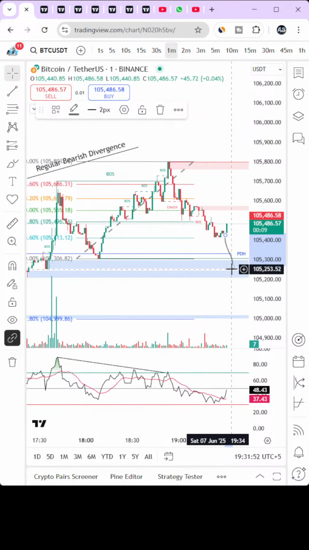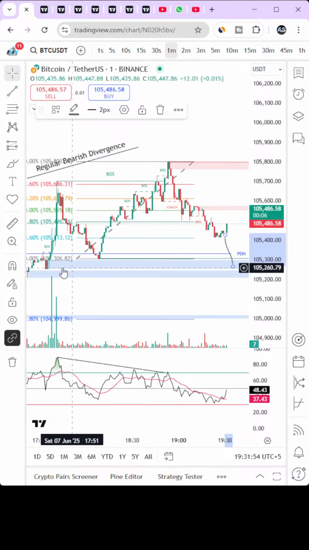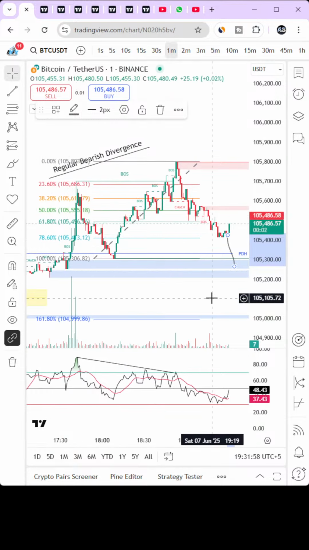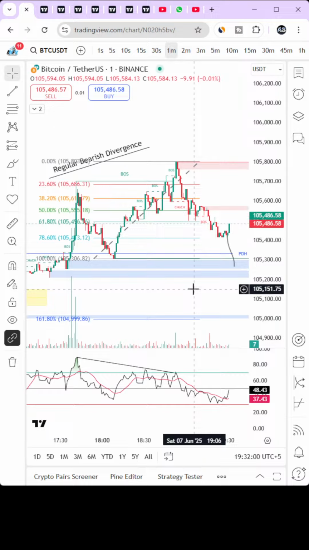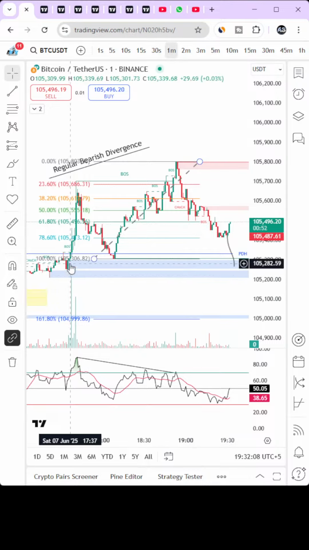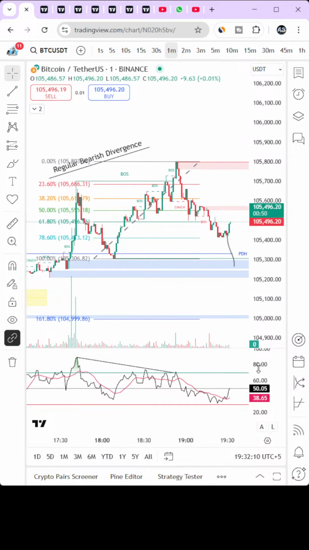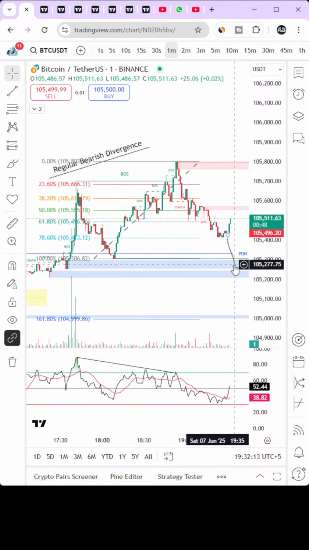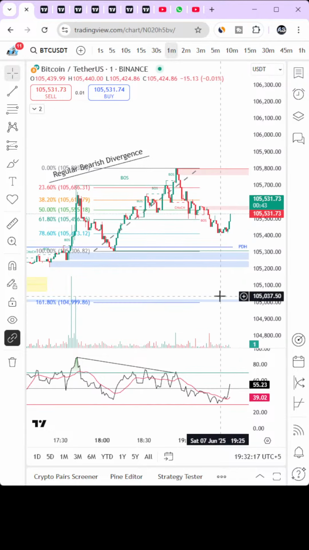After that it can again break this structure level. Breaking the structure levels slowly and gradually gives the hint of trend reversal from buy to sell, but here it is returning back to the upside after reaching up to this level.